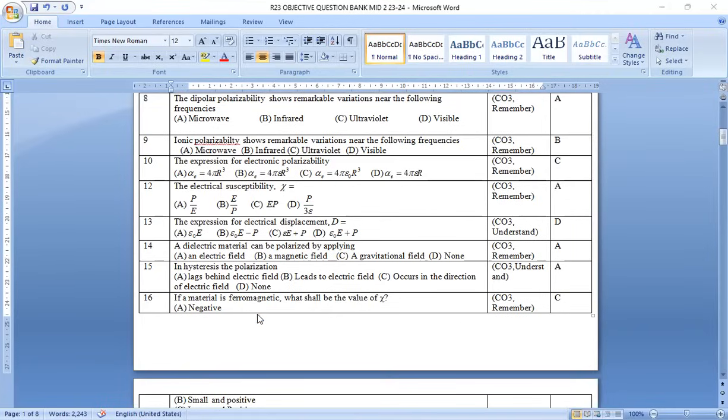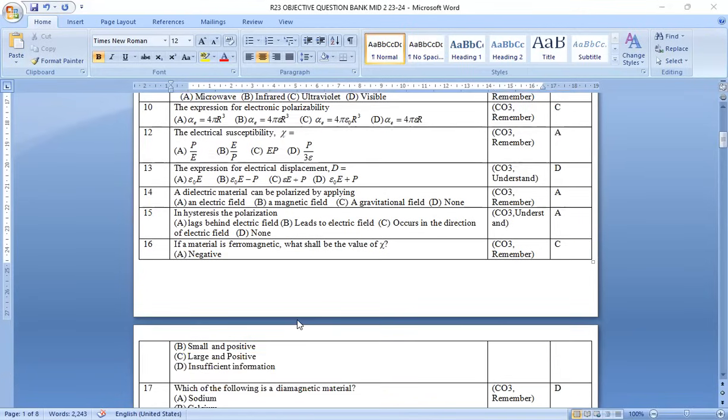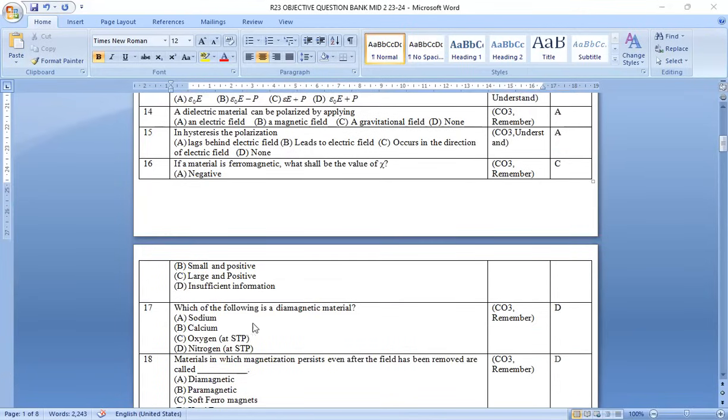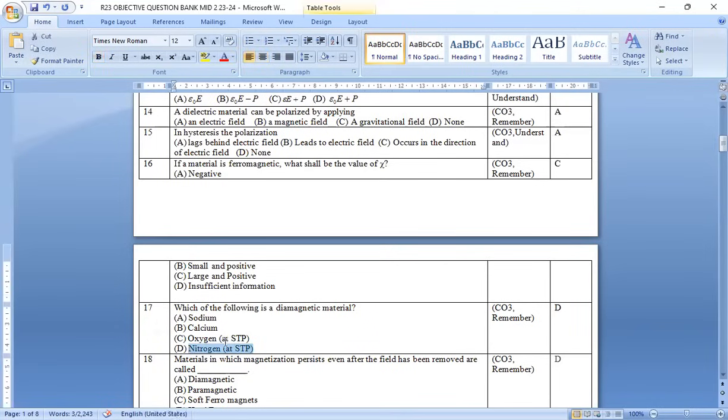If a material is ferromagnetic, what shall be the value of Xi? If it is ferromagnetic, it is large and positive. Option C is the right answer. Which of the following is a diamagnetic material? Option D is the right answer; nitrogen is the correct one.